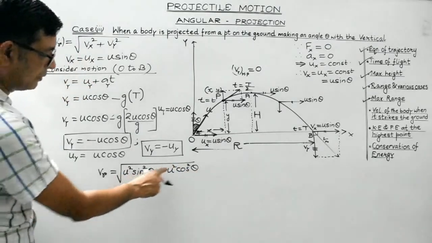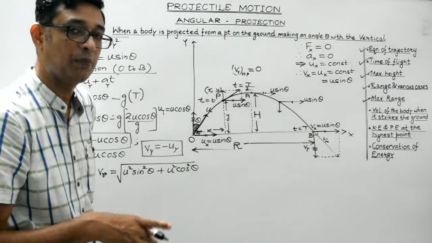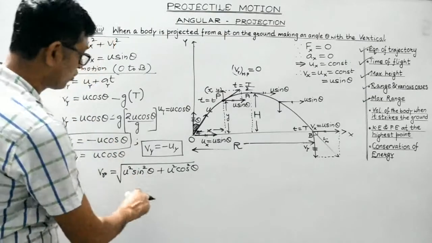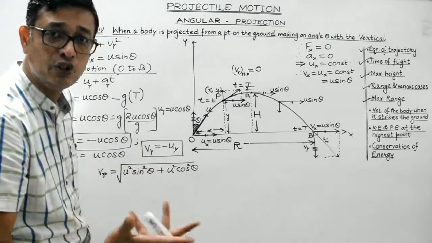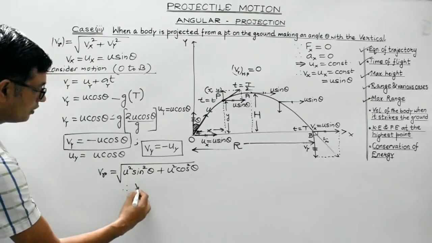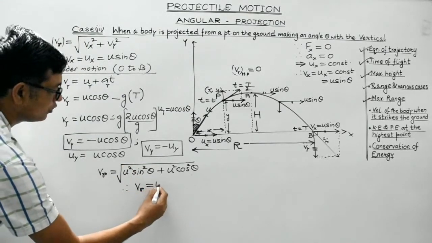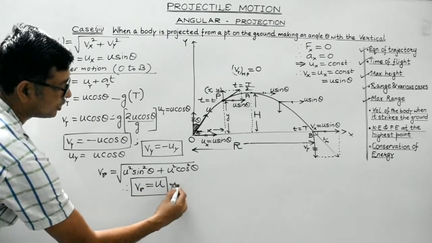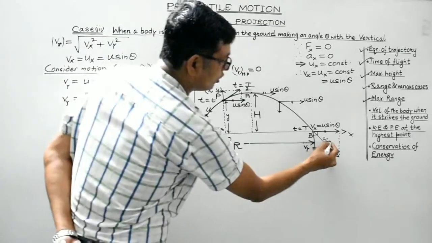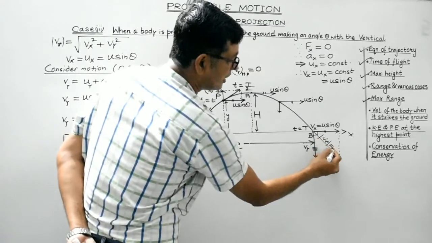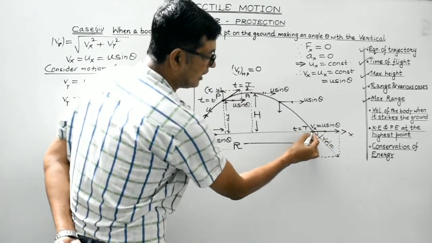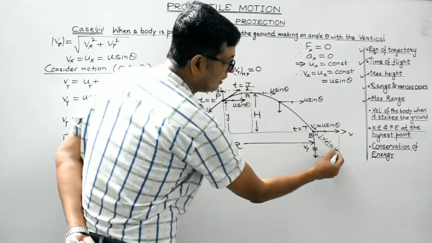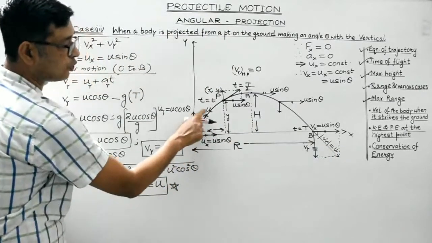Now, look, u square can be taken as common. Cos square theta plus sine square theta is 1, and square root of u square will give us u. So therefore, Vr is equal to u. This is, students, a very, very important conclusion. So, the resultant velocity with which the projectile strikes the ground is exactly equal to its velocity of projection.